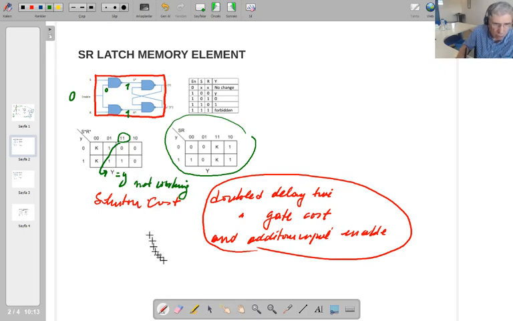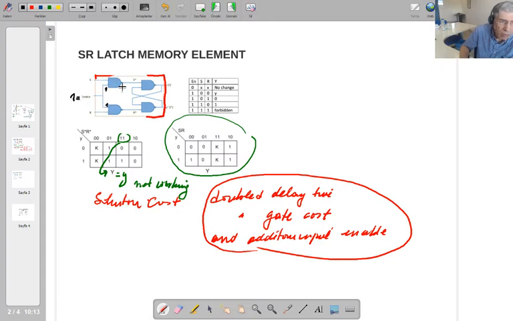Now I'm going to clear this enable 0 input and make it 1. Enable 1 means that is 1 and that is 1.